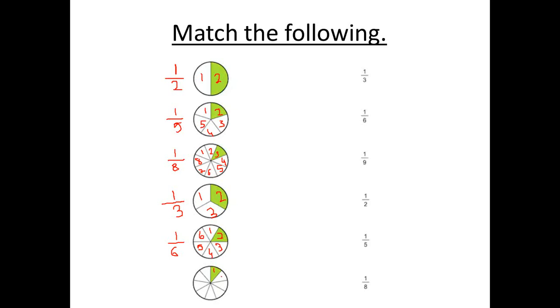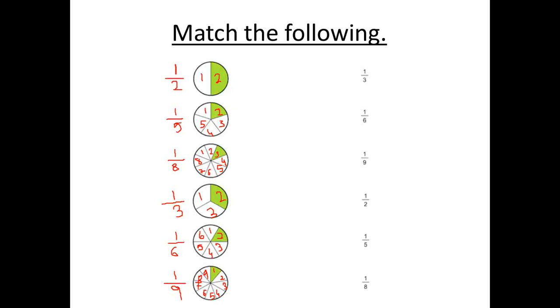Next circle, 1, 2, 3, 4, 5, 6, 7, 8, 9 equal parts, and only one part has been shaded. So part of whole which has been shaded equals 1. So 1 by 9, because the circle has been divided into 9 equal parts. So 1 by 9. Right?